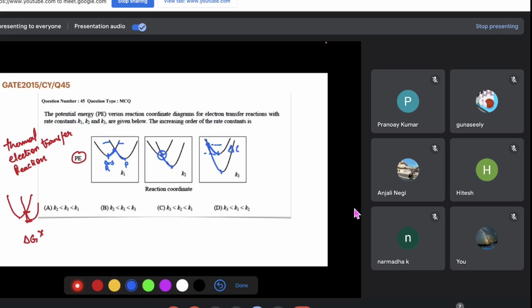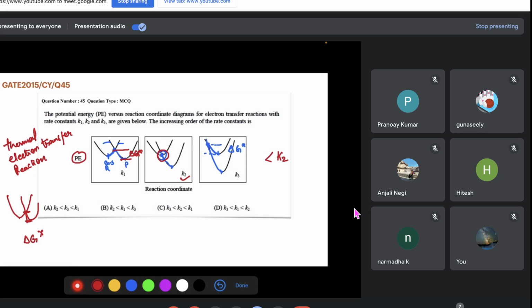So this will be my delta G star. But for here, as you have seen, there is no need for delta G star, or only minimal energy is needed, because it is intersecting at the ground state of the reactant state only. So obviously the rate is much faster in K2. K2 is the fastest rate.